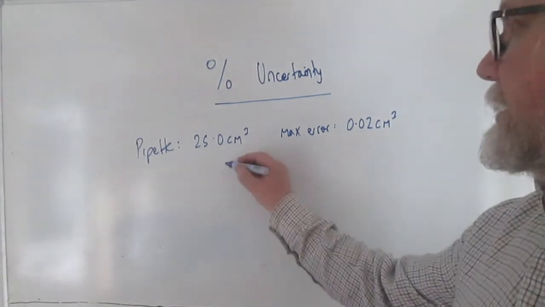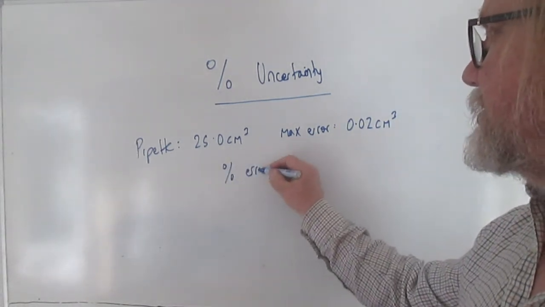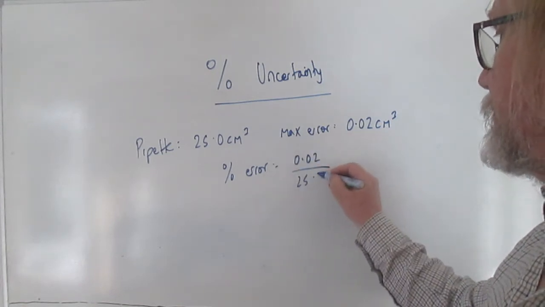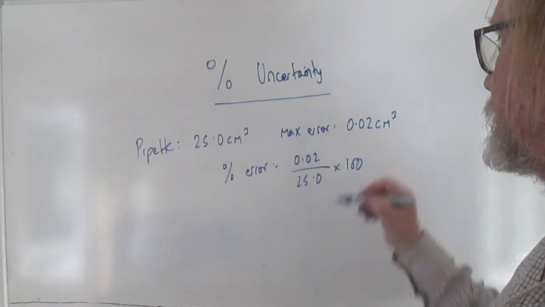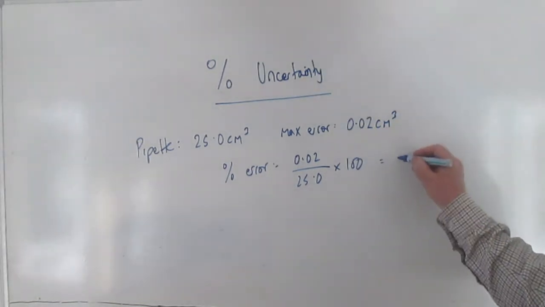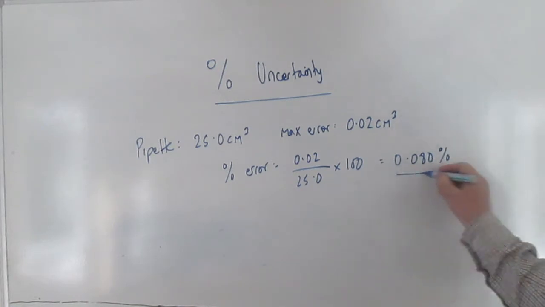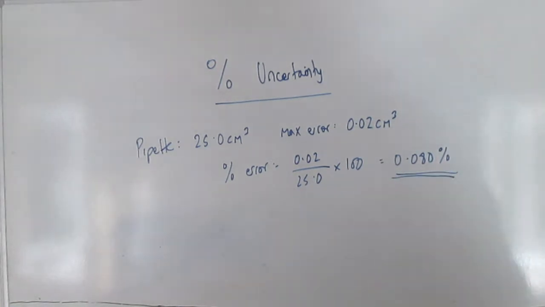And then again, it would be easy to work out that the percentage error is 0.02 over 25.0 times 100, which is 0.08%. So again, fairly small percentage error, because a pipette's a pretty accurately calibrated bit of equipment, so you get a decent percentage error like that.